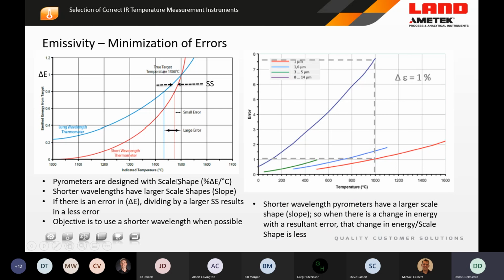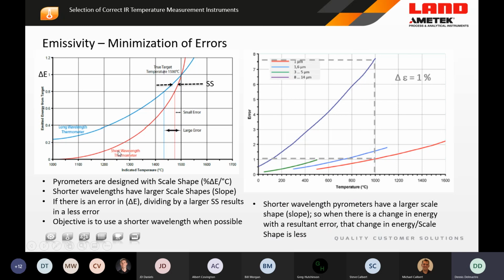And what it simply is, if we go back to one of our graphs from before, we had energy on the y-axis, in this case, temperature on the x-axis. This scale shape is the change in energy that we would see per degree increase in temperature. In other words, it's actually the slope. It's the change in y over the change in x.